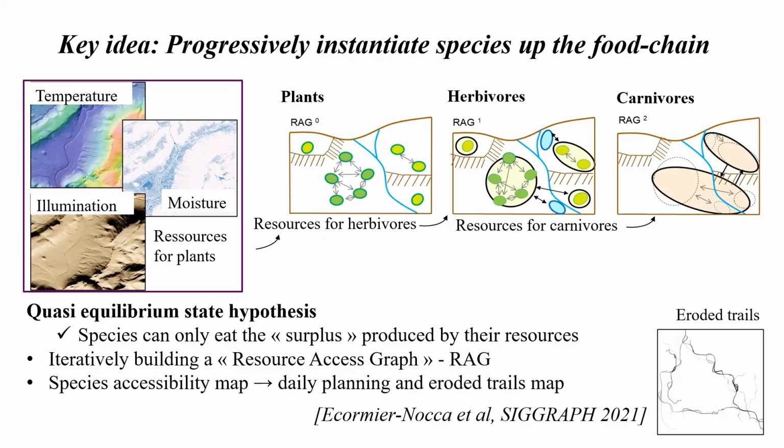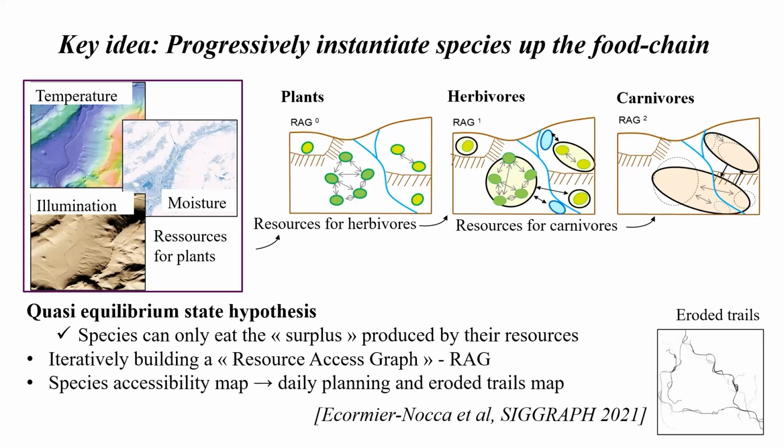So to do that, in fact, we made a quasi-equilibrium state hypothesis, saying that species are only allowed to eat each year the surplus produced by their resources. And then we use a greedy algorithm to find the number of herds of each animal.